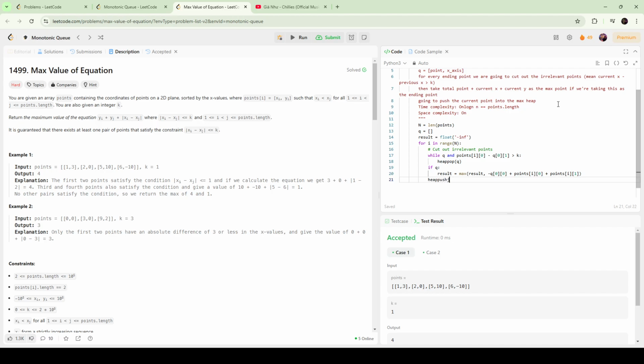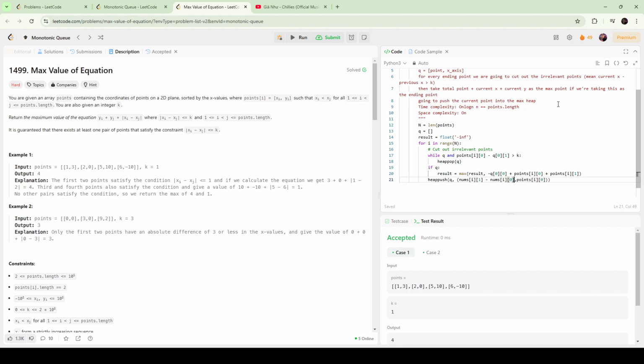We push into Q the point i's x-axis as the second value, and the first value is going to be the point that is added into the equation if we choose this as the first part of the equation, which is points[i][1] minus points[i][0].